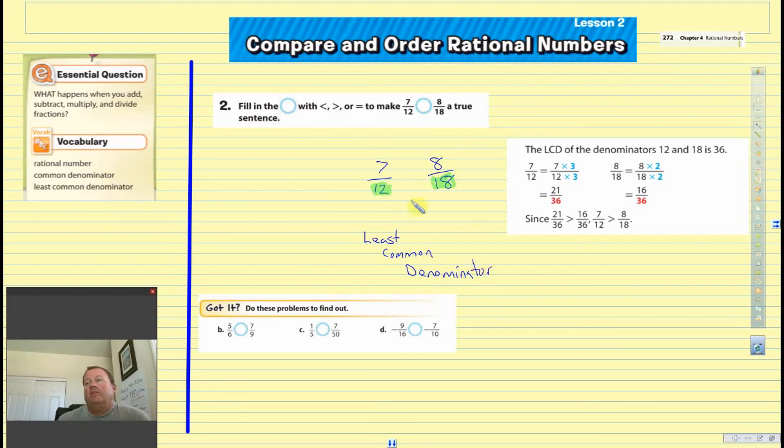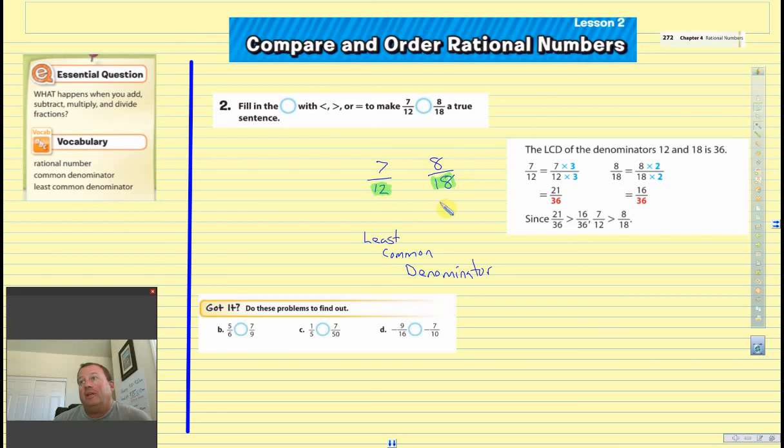That means what number can both 12 and 18 go into, and that's the smallest. So the LCD of the denominators 12 and 18, let's say what both of these can go into is 36.